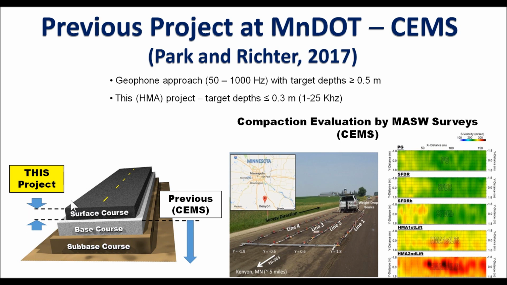For this particular project, we will be dealing with this top pavement. The previous SAMS project dealt with measurement by using conventional geophones, which dealt with frequencies usually lower than 1000 Hz. But for this top pavement evaluation, we will need to deal with much higher frequencies, like 20 or 30 kilohertz.